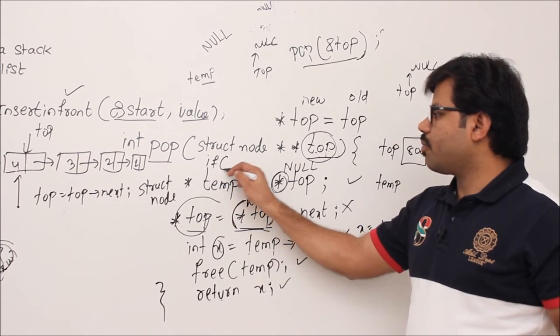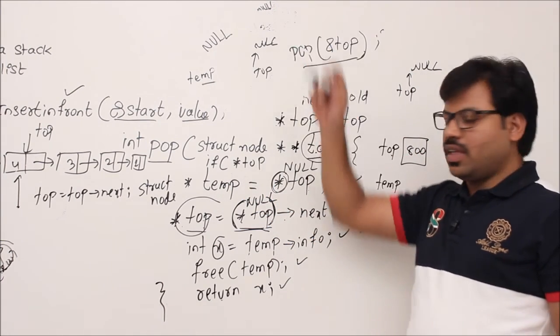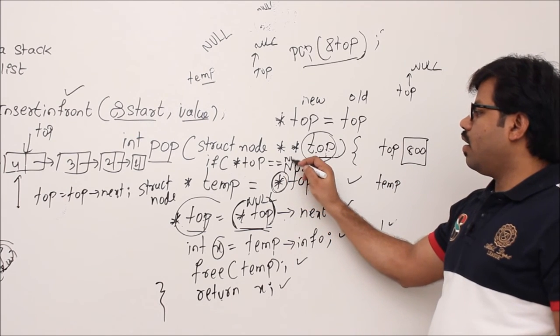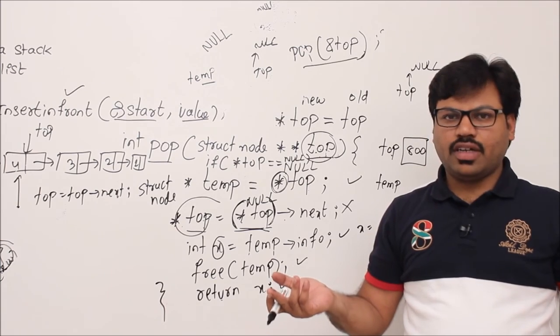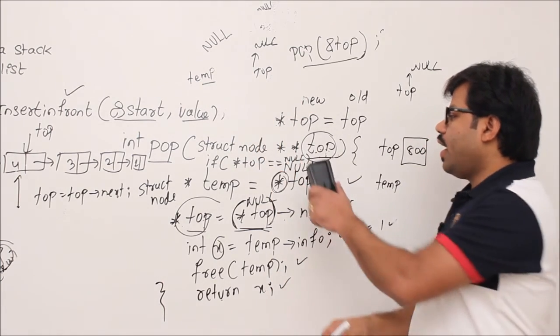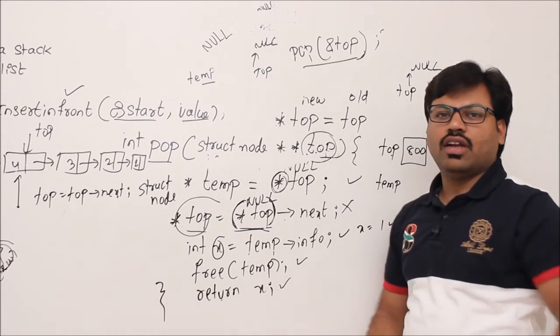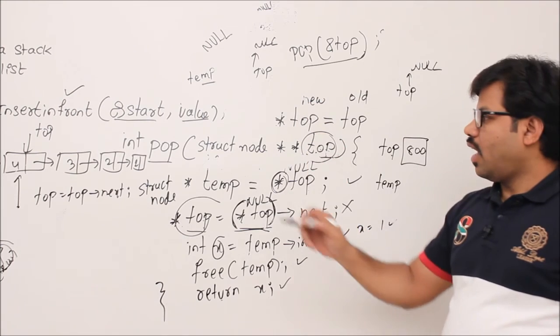That is, if star top, that is top, equal to null, then what to do? Nothing. Stack is empty. Correct? So either implement stack empty separately, otherwise you write this star top equal to null. Let me implement stack empty separately. I use that method.